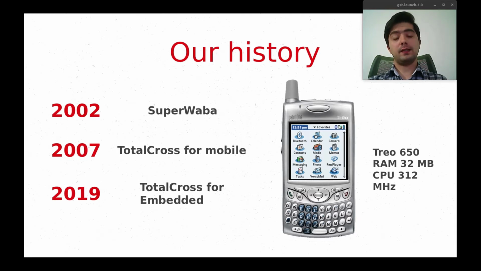In 2019, TotalCross had a great milestone, and we adopted the open source community and open sourced several of our technologies, and of course we started to focus and plan on embedded devices.